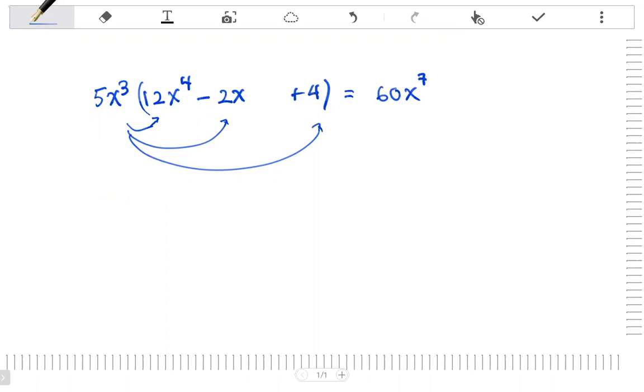Our second term, negative 10x to the fourth. Nice. And our third and last term, 20x cubed, right?